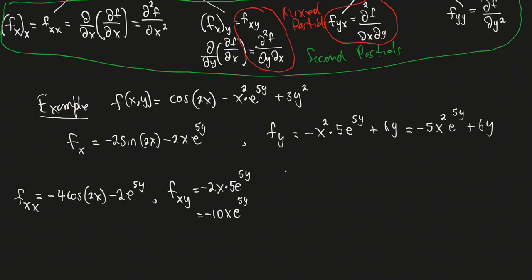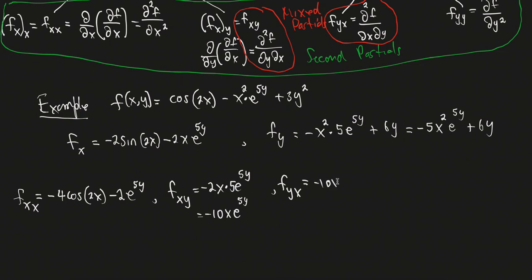Take your f sub y, and here is our third second partial derivative. We're going to take our partial with respect to y, and then differentiate it with respect to x. So now that I'm switching, I get to treat the y's as constant, right? So I differentiate this term, and I'll get negative 10.